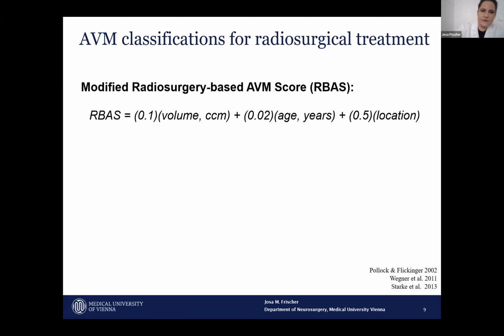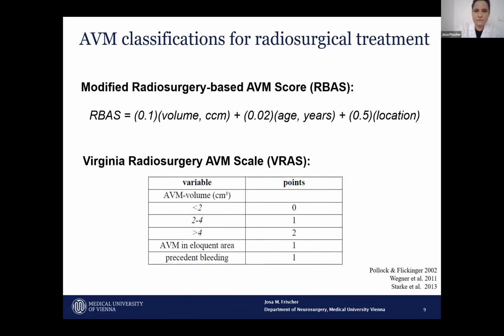There is the modified radiosurgery-based AVM score, the so-called RBAS, and the VRAS, which should also help us to decide on the possible complications, or if and how to treat a patient by radiosurgery. In this case, especially the Virginia Radiosurgery AVM Scale also already includes in the classification a prior bleeding of the lesion.